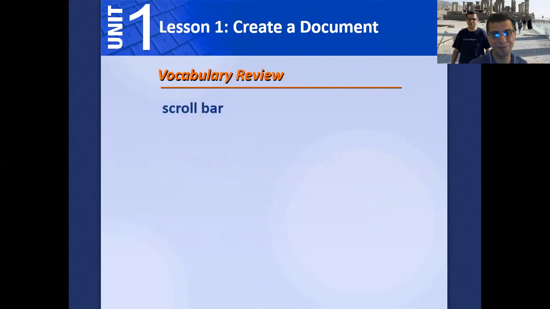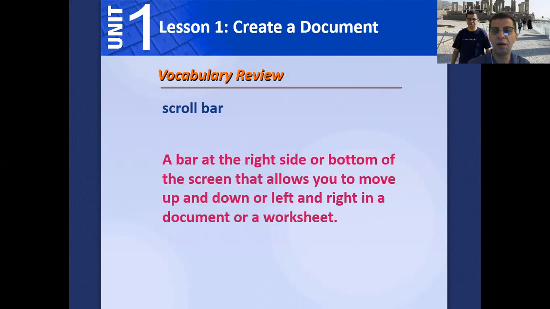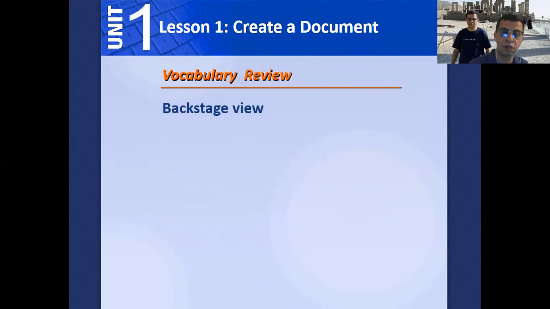What's a scroll bar? A bar at the right side or bottom of the screen that allows you to move up and down or left and right in a document or in a worksheet. What's the backstage view?